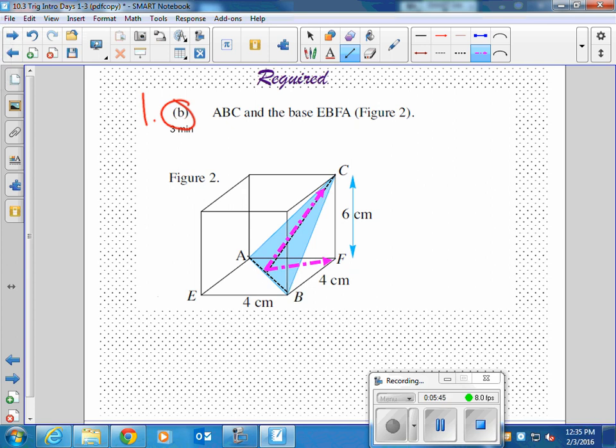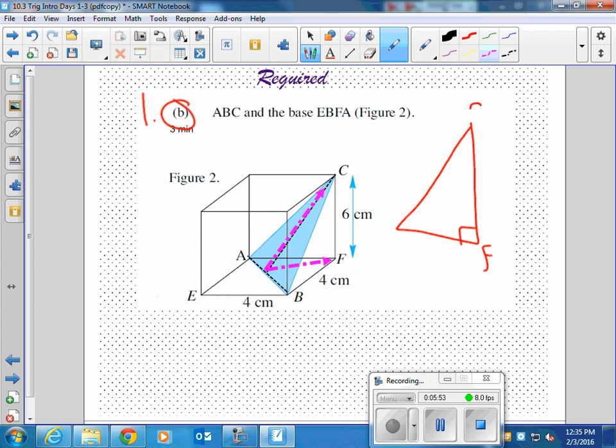That's the angle you're going to be finding. So the triangle I'm going to look at is going to be FC, and let's just call this one G. G is good enough. I know this is 6. I know this is 4, and this is 4.